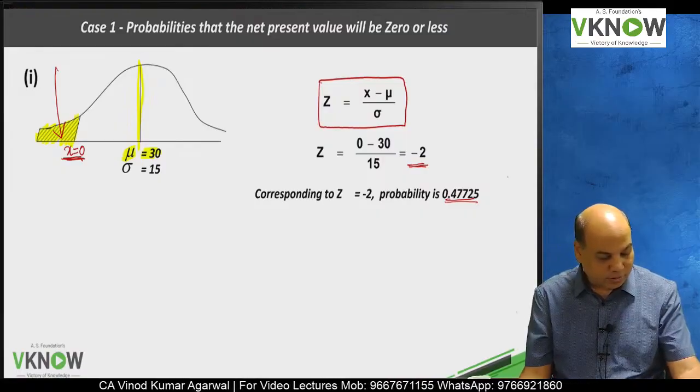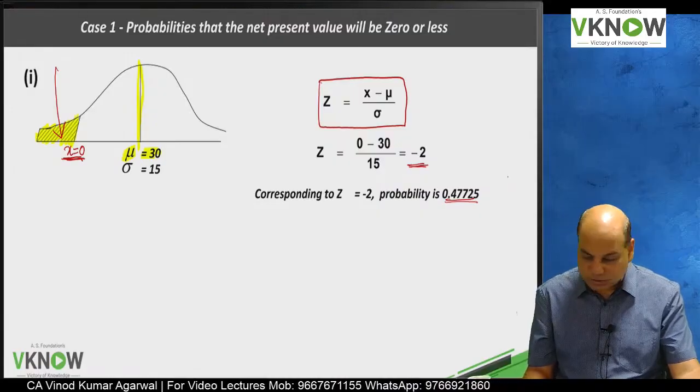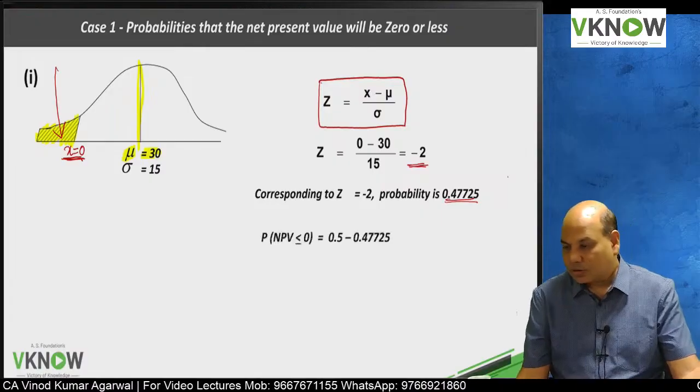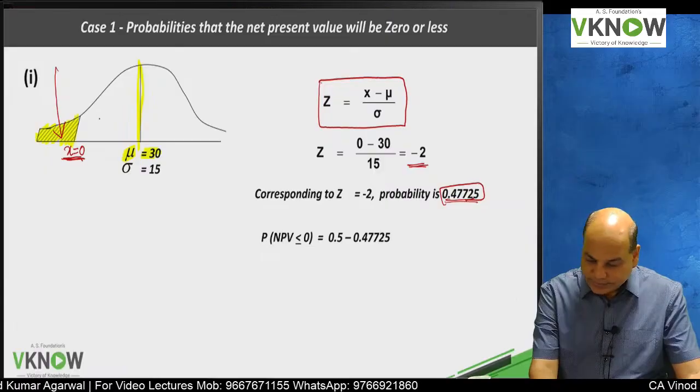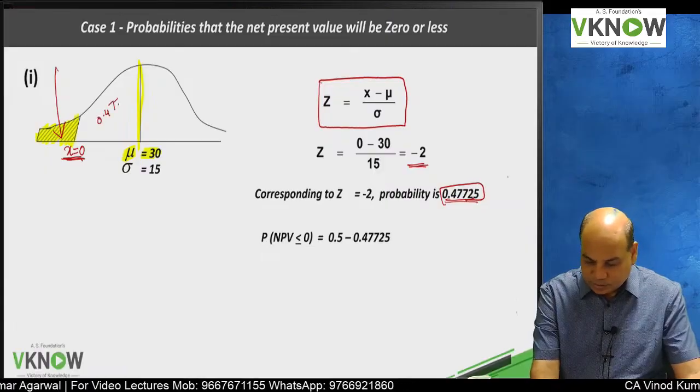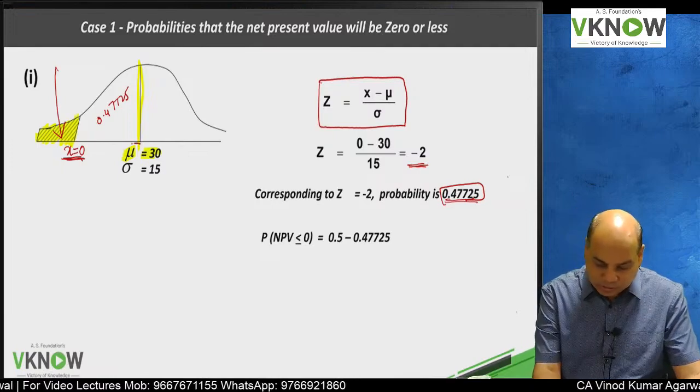It is there in our book, 2.0, just next to that, 0.47725. But this is the probability of this area between 30 and 0.